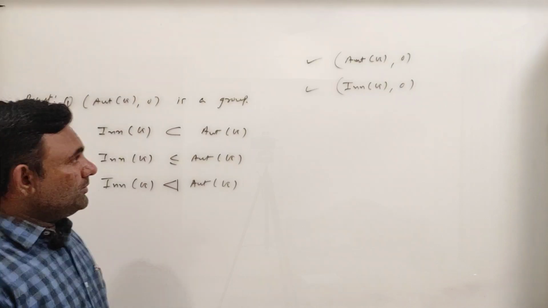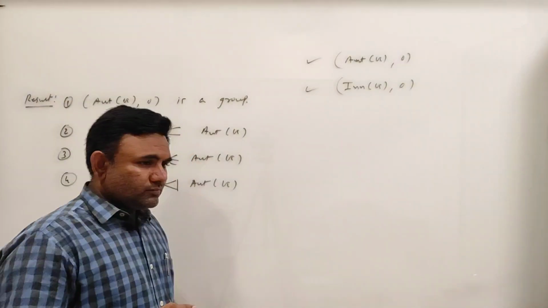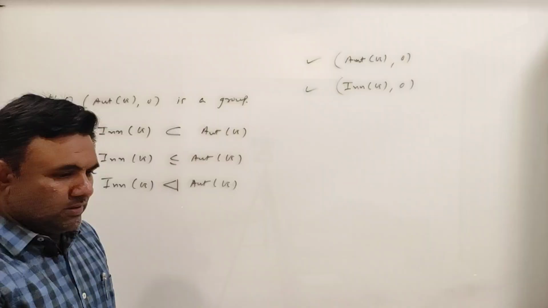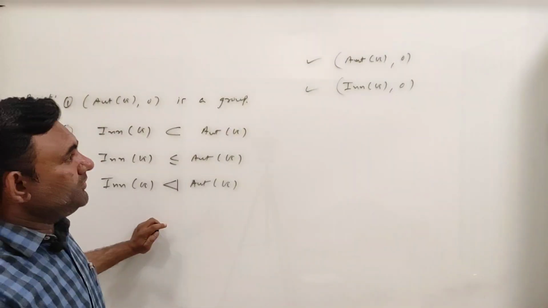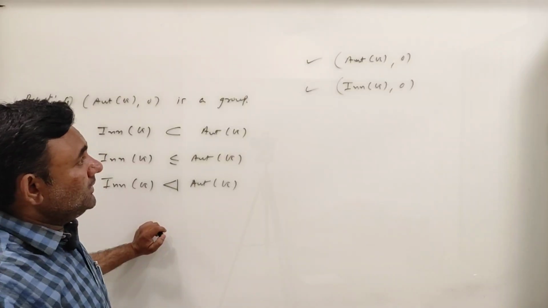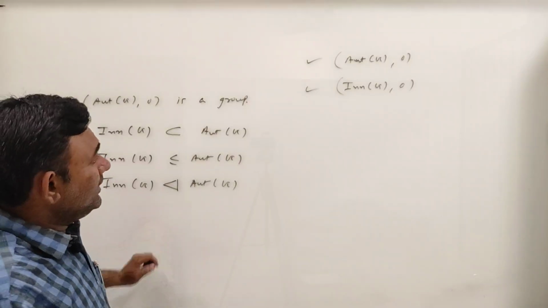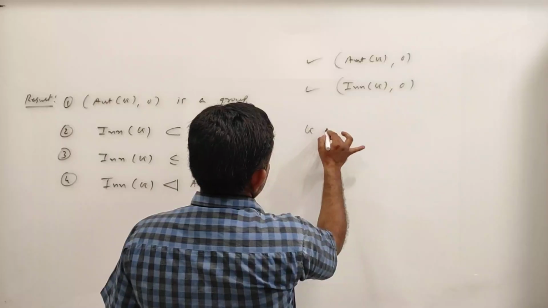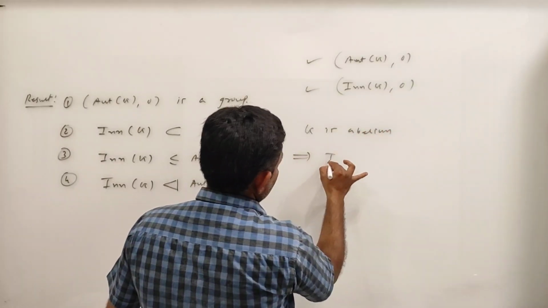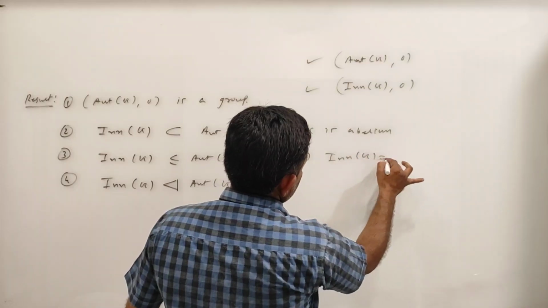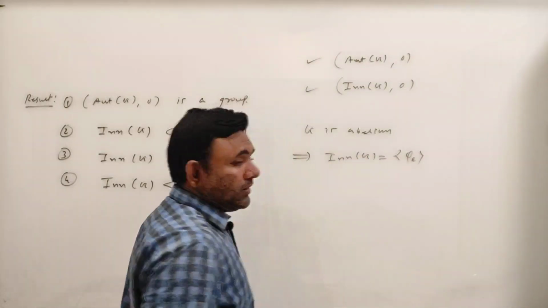And in between we saw one result. One way is proved but the other way is not proved. Intentionally I am not proving it, because I want to prove it with the help of some other result, and that is about inner automorphism. The result we proved was: G is abelian implies Inn G is the singleton {phi e}.